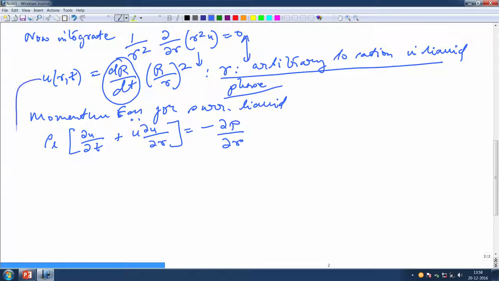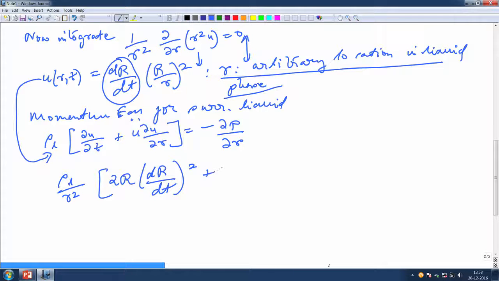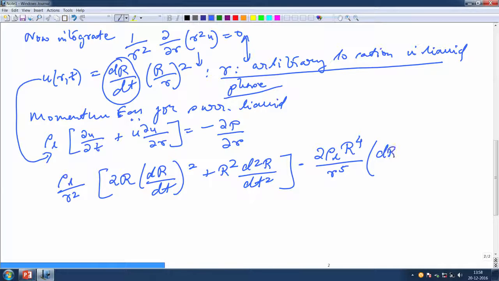Once you substitute this into this equation, that is the total momentum equation that you will get.